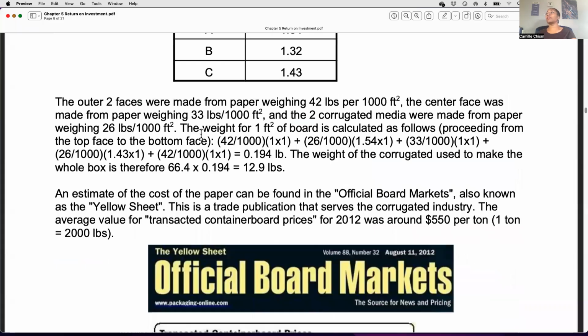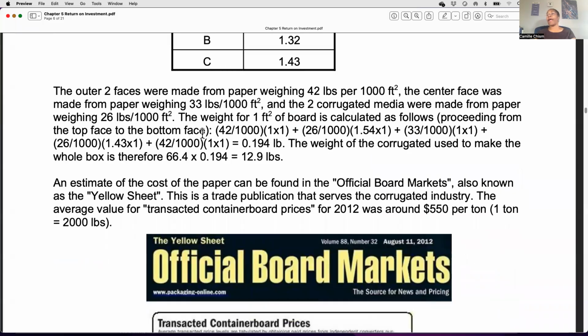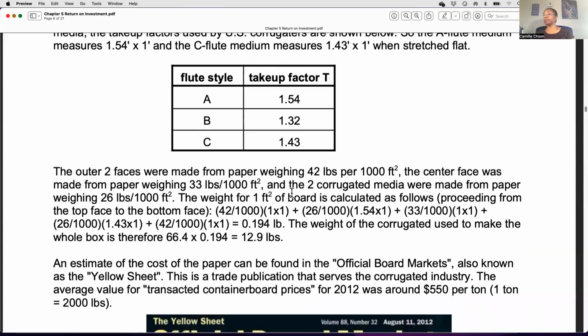So you're going to take all this, first divide this to get your pounds per 1,000 square feet, right? And then you're going to multiply it by the length of that layer times the take-up factor. If it's a liner, it's just 1. If it is a corrugated layer, then you have your take-up factor according to this table.